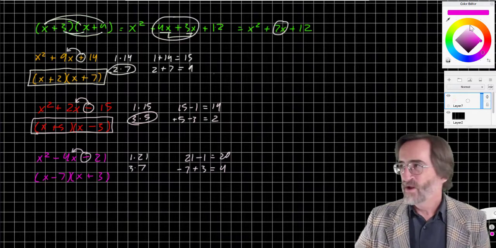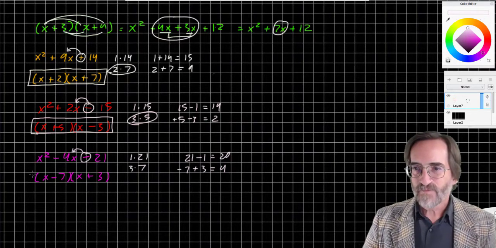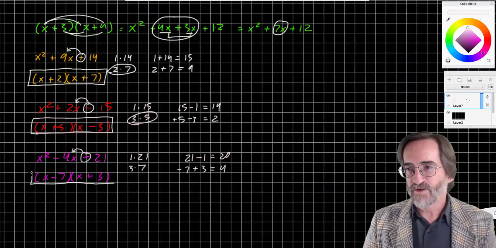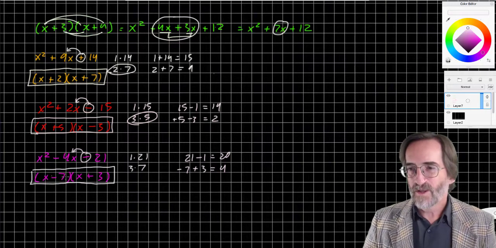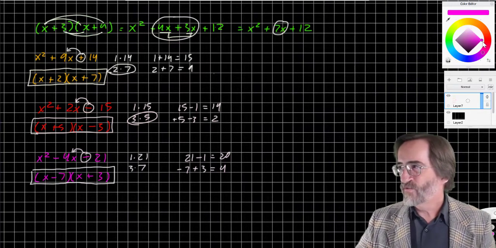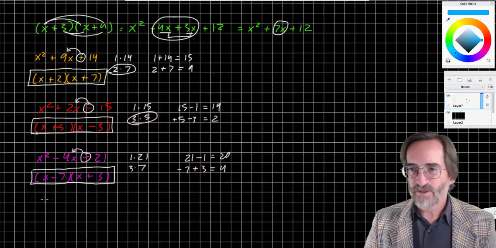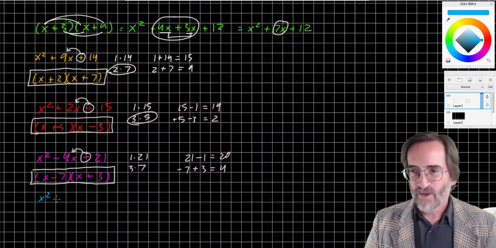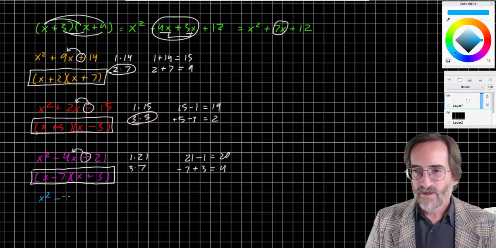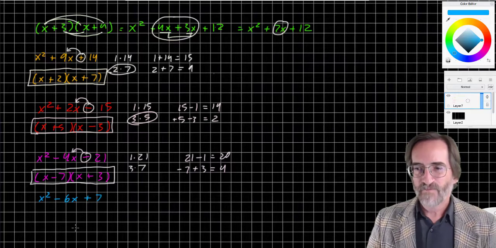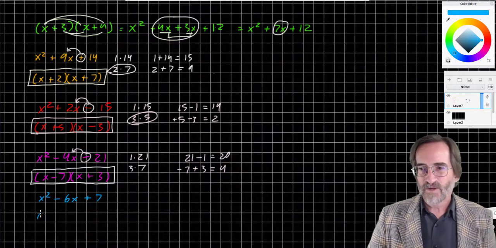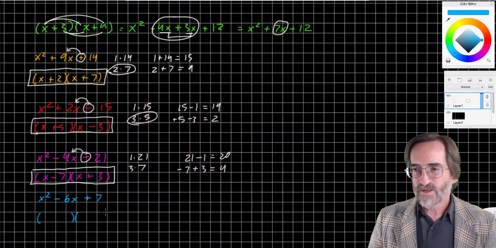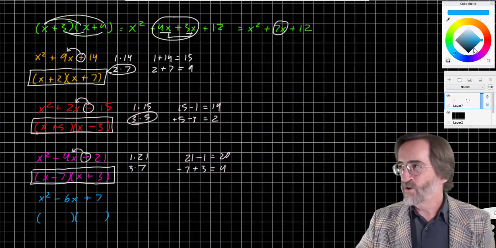Okay, and one last one. I'm in danger of making this video too long. What if the middle term is negative and the end term is positive? So x squared minus 6x plus 7. Again, I write two sets of parentheses. I think of things that multiply to make 7.